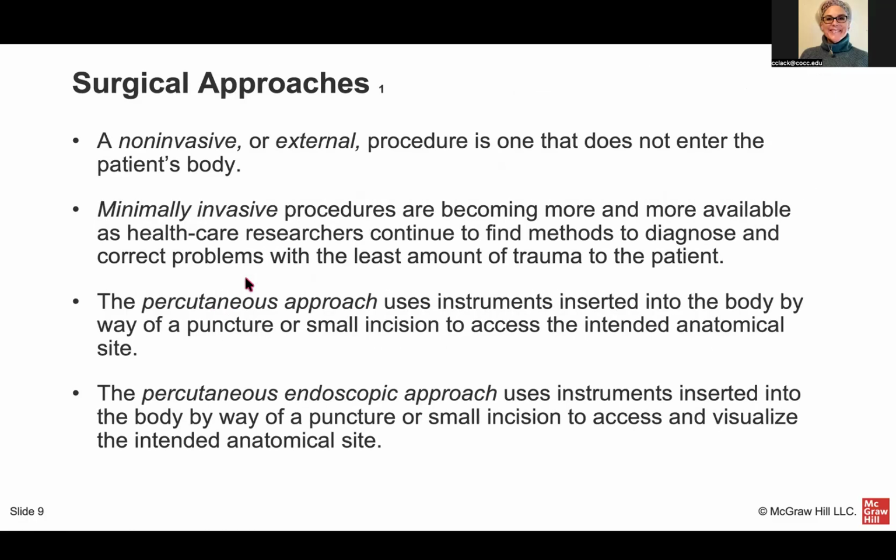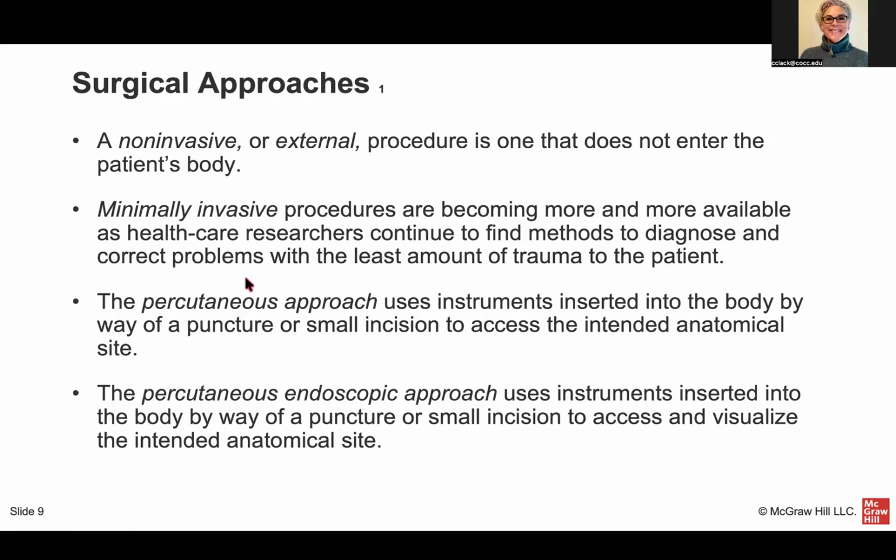Now let's talk about approaches. How does a surgeon actually get to the area they need to treat? There are several options, and the approach is often embedded right in the code description in the CPT book. Starting with the least invasive, a non-invasive or external procedure doesn't enter the body at all. Think of it as radiation therapy applied to a skin surface or certain topical treatments.